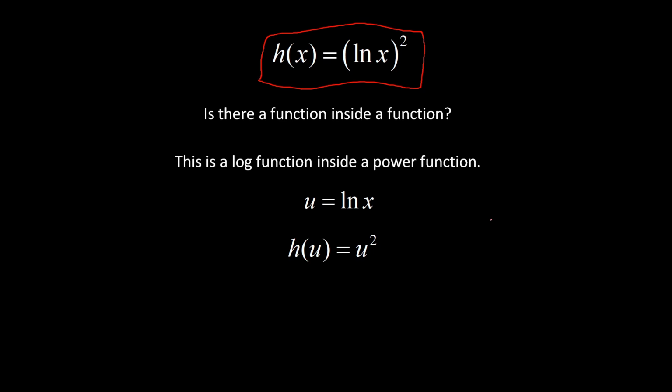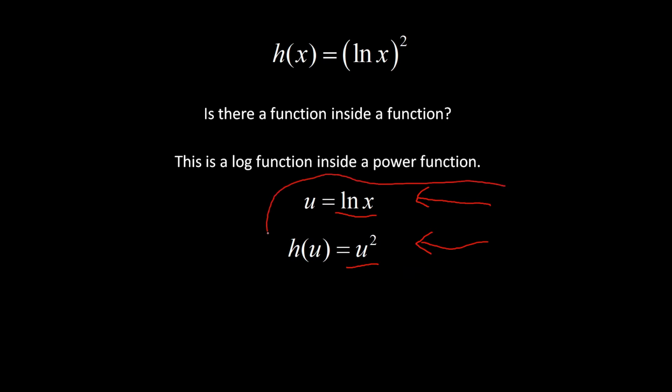It's none of them. There's nothing we can do with this as it stands like that. However, if we break it into these two pieces, notice that both of these pieces are our derivative patterns. We can do something with this.